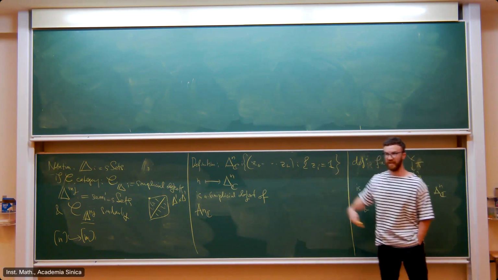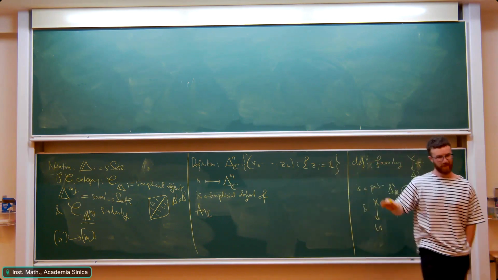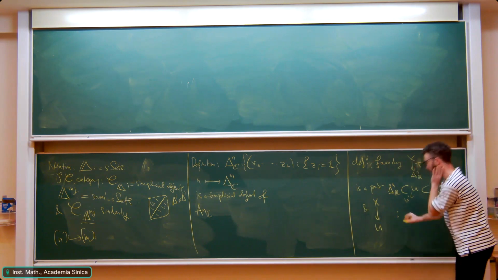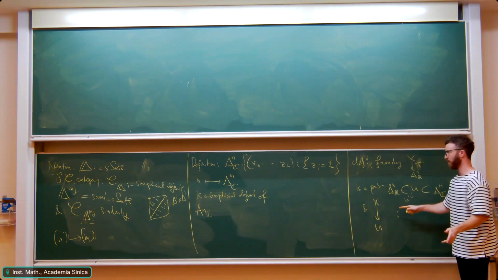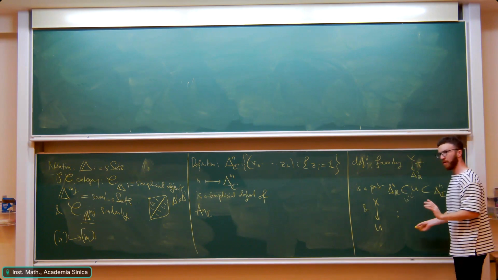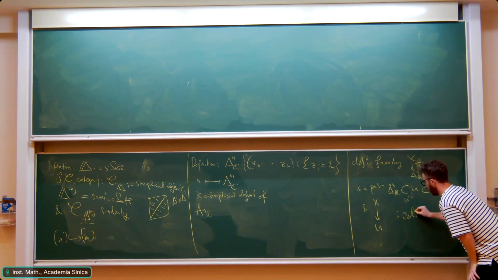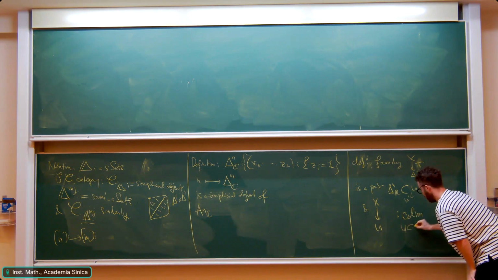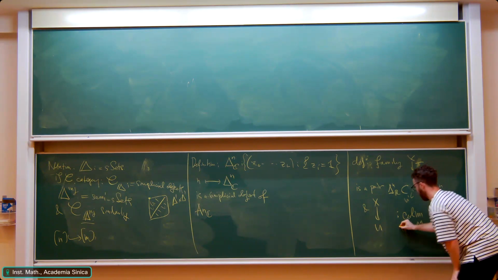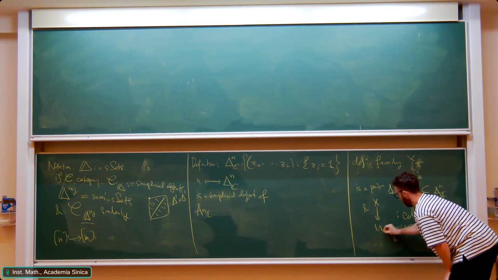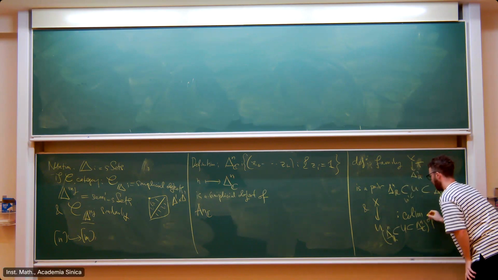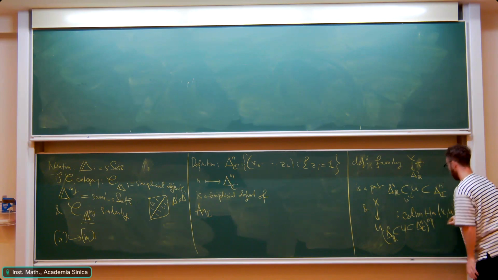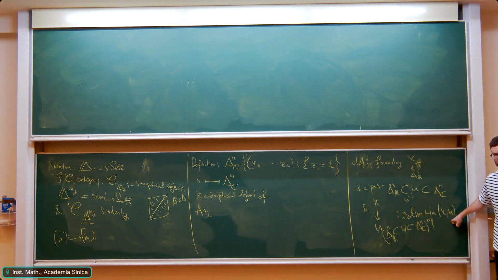I think it's over here. But yeah. So okay, and this is going to be this, so it's for U sandwiched in here. This by definition is the value of the functor.